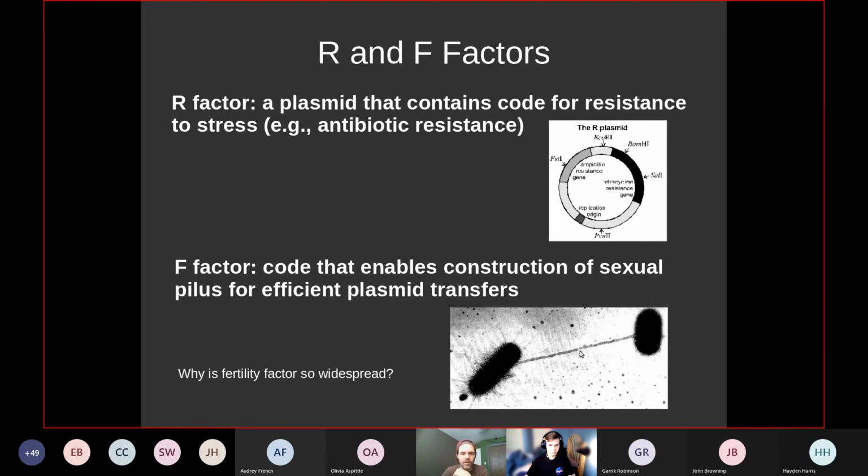And so if you send the code to make the tube over here, then this one's now going to be F positive, and it's going to be able to make its own conjugation tube. And so it can spread through a population really quickly. Okay, so it's pretty widespread because it's beneficial. It helps fight against negative selection by the environment.